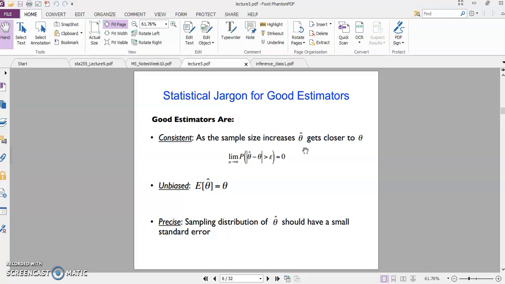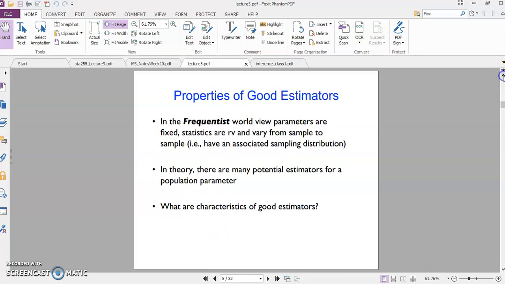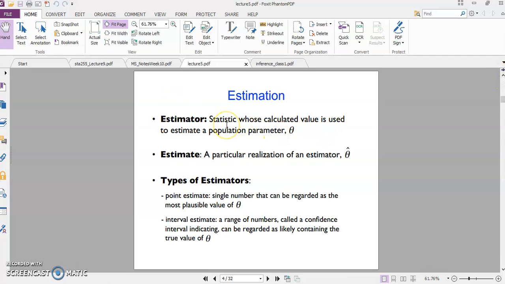The estimate is the value obtained through the statistic whose calculated value is used to estimate the population parameter, that is, you obtain theta hat.